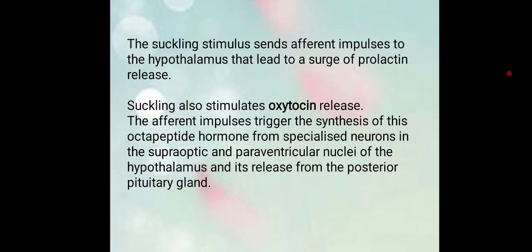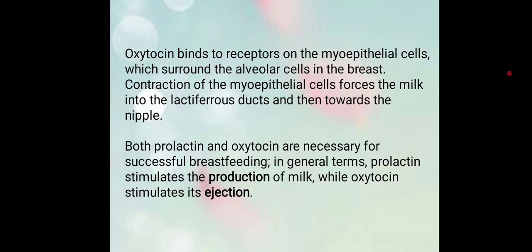Suckling also stimulates oxytocin release, which is an octapeptide hormone produced from hypothalamus, particularly supraoptic and paraventricular nuclei, and stored in posterior pituitary gland. So, production from hypothalamus and storage in posterior pituitary gland. Effect of oxytocin: it binds to myoepithelial cells around alveolar cells and lactiferous ducts.